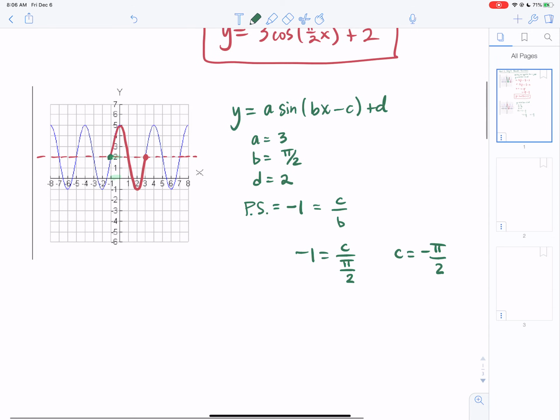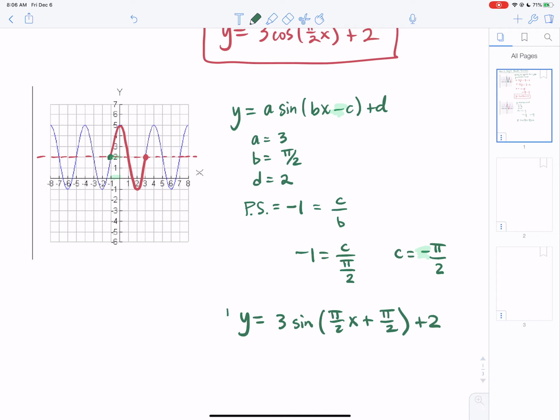And we're going to substitute that back into our equation with all of our other values. So we get y equals 3 sine of pi over 2 x, and then we have minus c, we also have a minus here, so minus a negative is going to become plus pi over 2, which should make sense because this graph is shifting to the left, and so when we shift to the left there's usually a plus inside the parentheses.